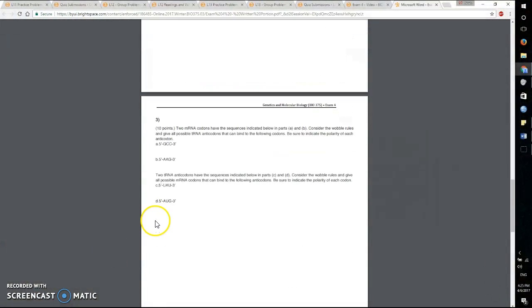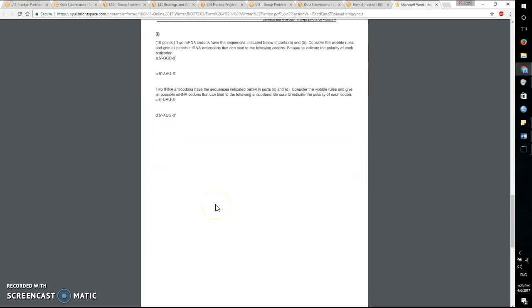Alright, 3. The 2 mRNA codons below, A and B, are referenced. Consider the wobble rules and give all possible tRNA anticodons that combine to the following codons. Be sure to indicate the polarity of each anticodon.